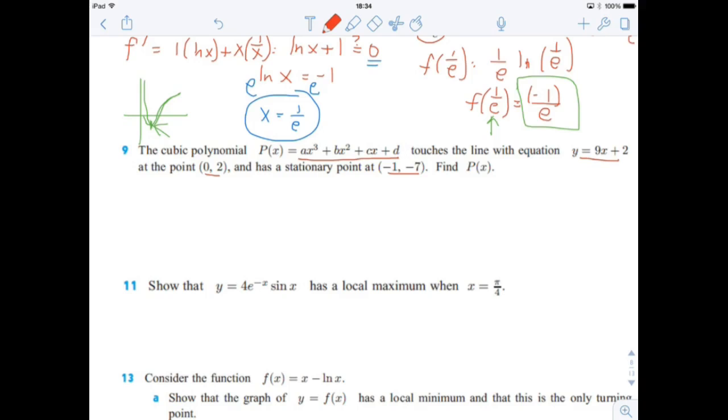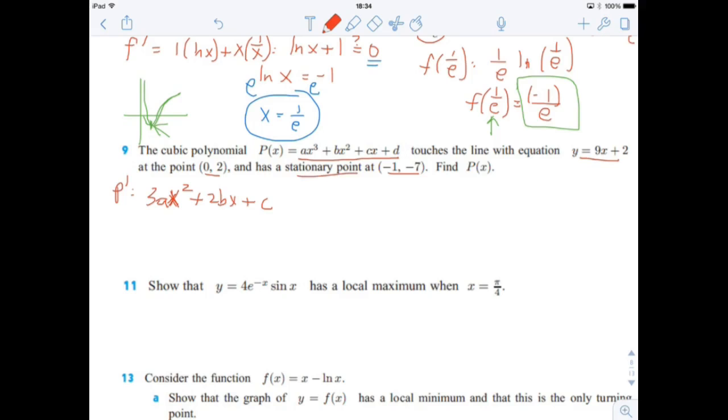Okay, so first we want to take the derivative, because we always want to take the derivative. Let's take it so that we can use it later: 3ax squared plus 2bx plus c. It says it has a stationary point at (-1, -7).